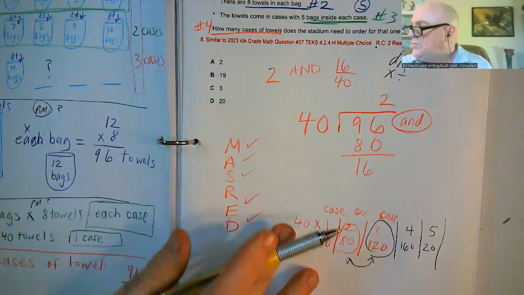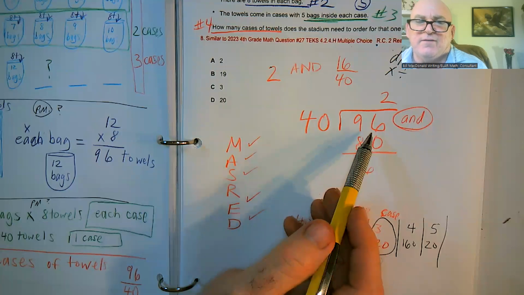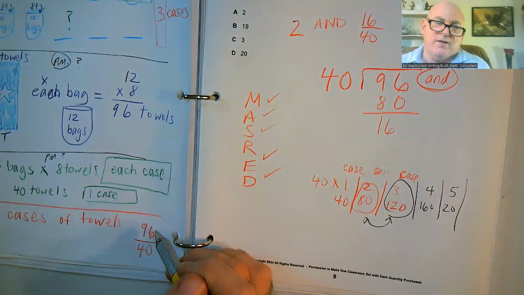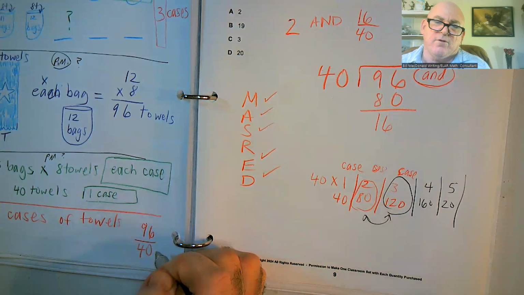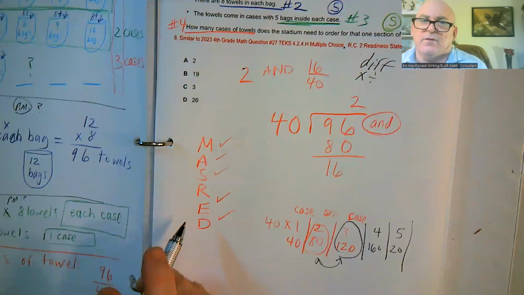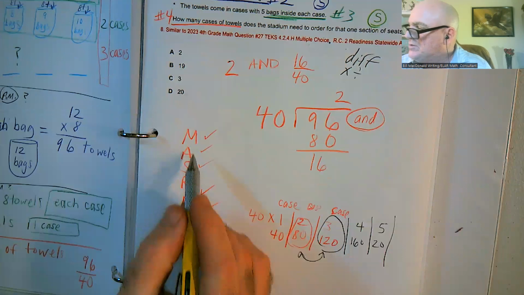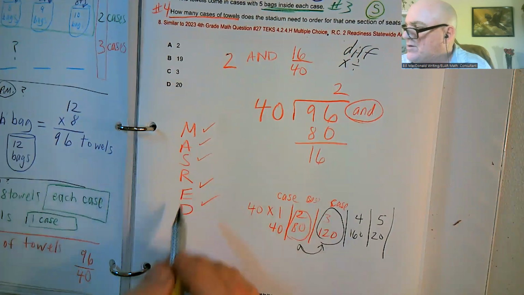Then we can do the regular division: put the dividend, the numerator in this case, inside the box, and the divisor, the number on the outside, the denominator, in long division form.